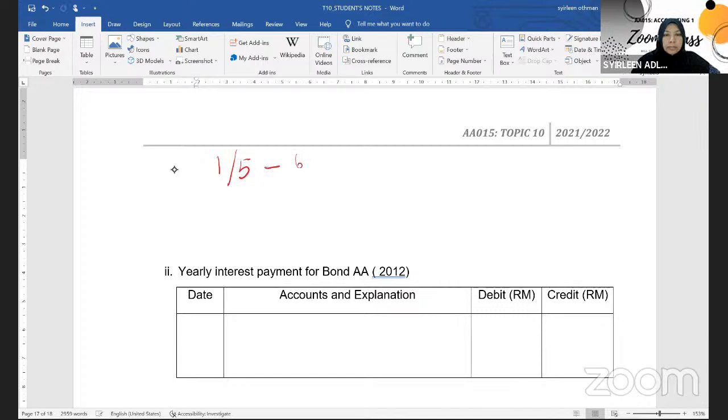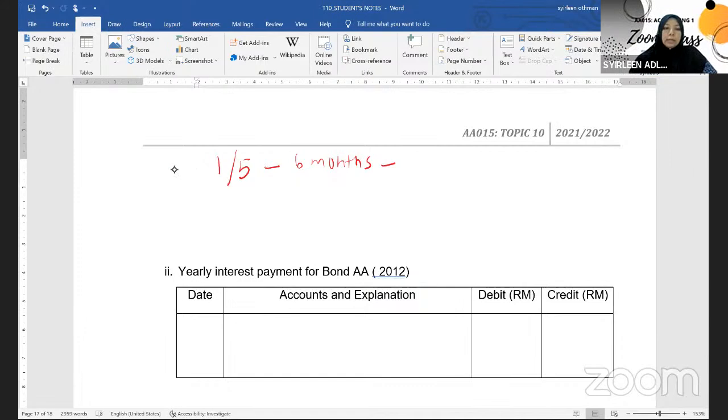Okay, so 6 months after 1st of May, that means 1 bulan, May, June, July, August, September, October. Okay, so maksudnya setiap bulan Oktober saya akan buat payment untuk interest expense untuk bond AA.